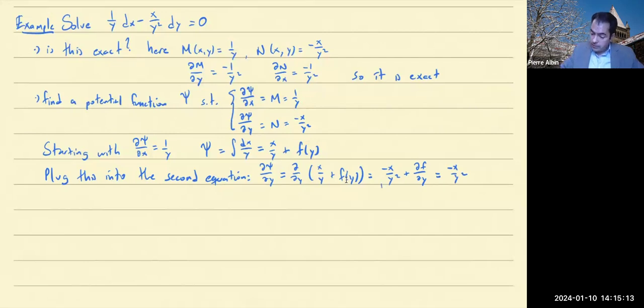So from this equality, you see that the derivative of f with respect to y is 0, and f is a constant. Notice that now it really is a constant, because we already knew from here that it didn't depend on x, and now we know that it doesn't depend on y.